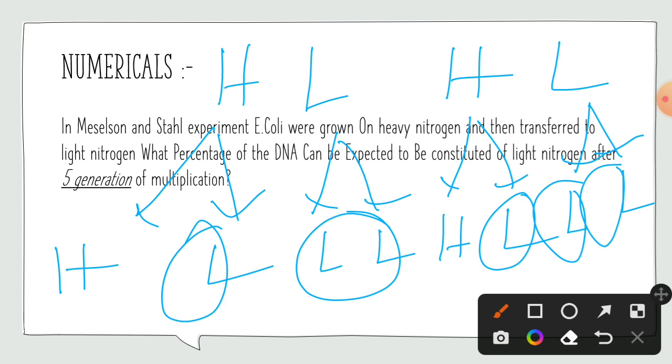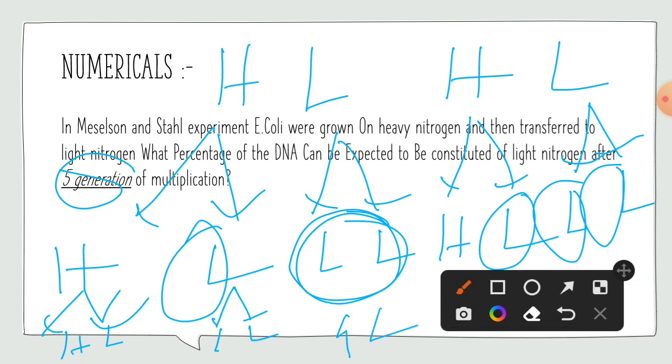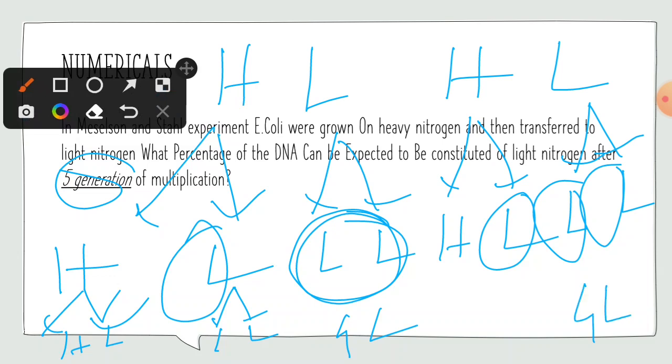Here we have talked about 5 generations, so we need to split it more. Hybrid will again give us one hybrid, one light, and from light we will again get 2 light, and from these 2 we will get 4 light, and here we will again get 4 light. Here we will get 2 light, and from the hybrid one we will get one hybrid, one light.